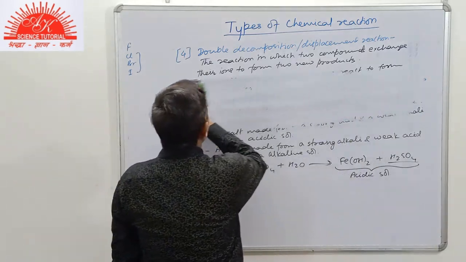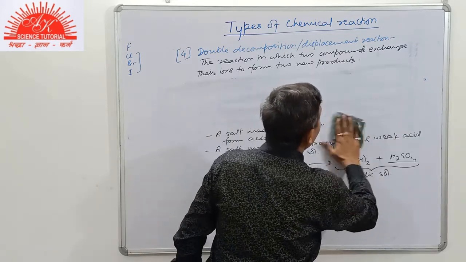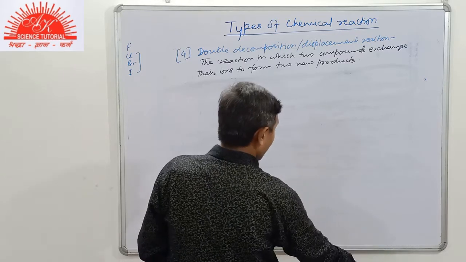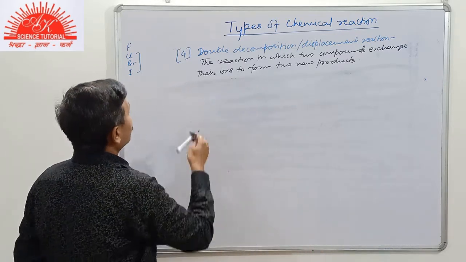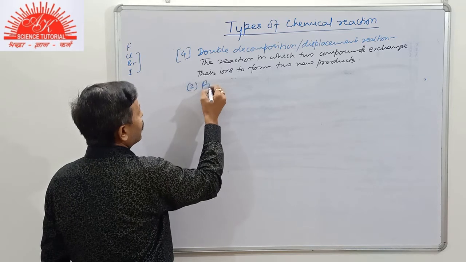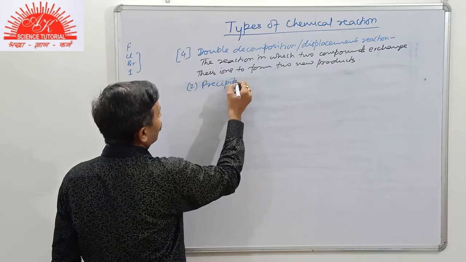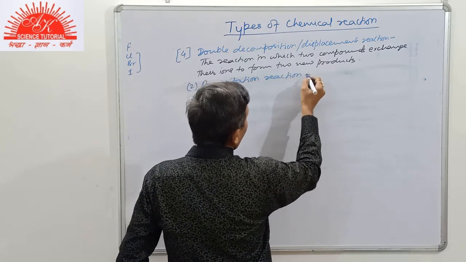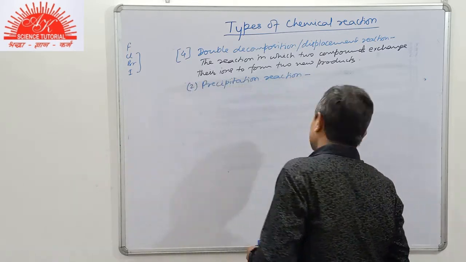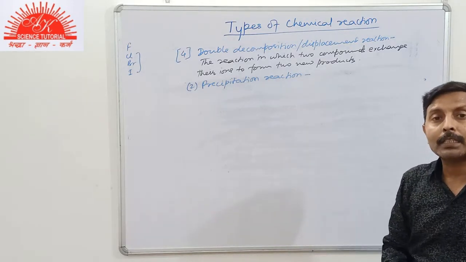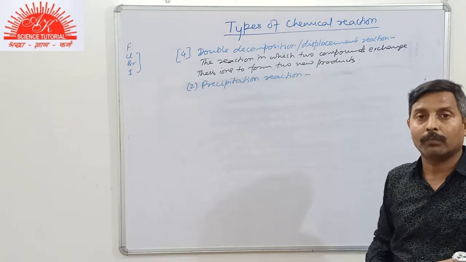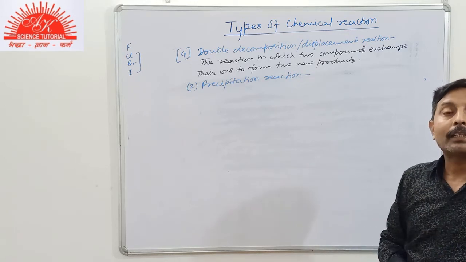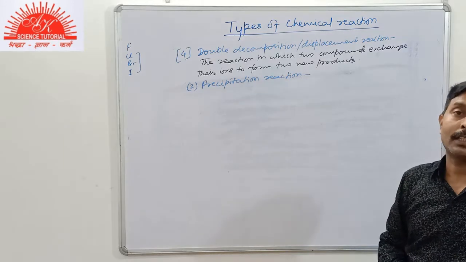Now, the next type of double decomposition reaction is especially known as a precipitation reaction. As we know, if a reaction between two solutions takes place and one of the products is insoluble, the insoluble product is called a precipitate and the reaction is called a precipitation reaction.